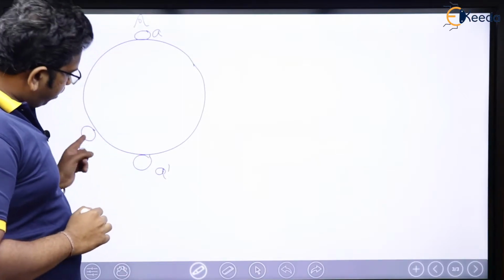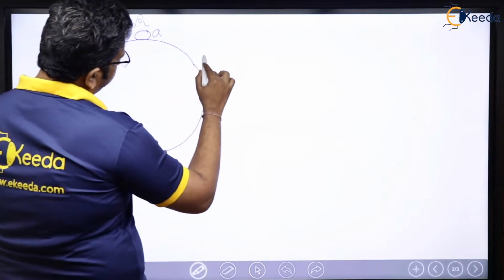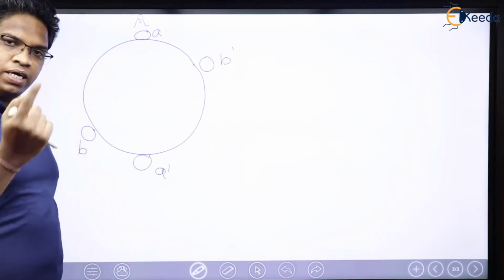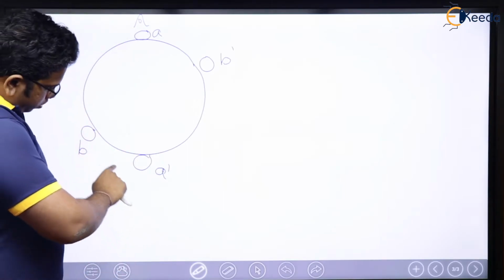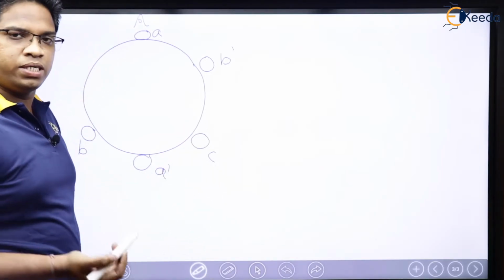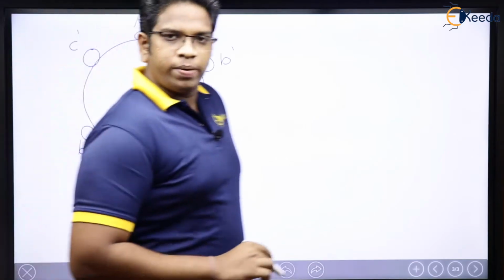Now the moment here we have B, we know that B dash will be exactly opposite. So B dash will be here. What about C? C will be 120 degrees apart from B. So C will be here. Where will be C dash? Opposite to C. Here is going to be C dash.